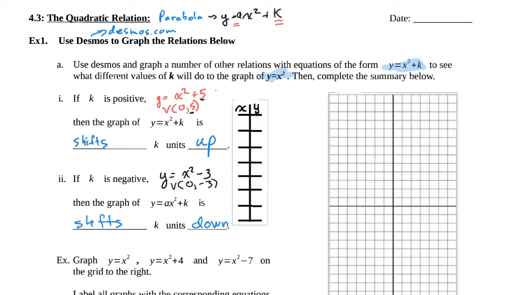Now, you remember from our graph, we basically used the calculator to do this table for y equals x squared, right? In order to calculate this, let's say I wanted to find y if x is equal to negative 3.